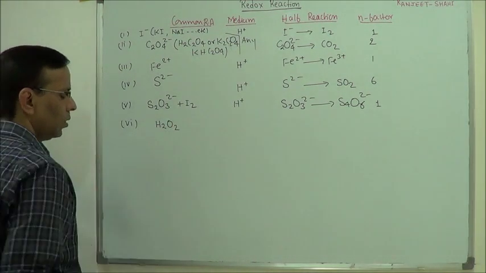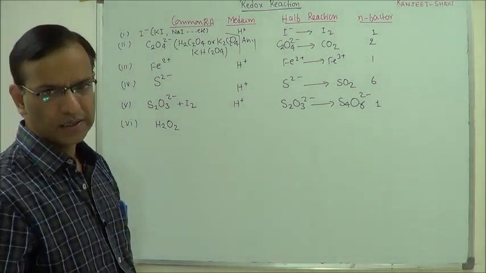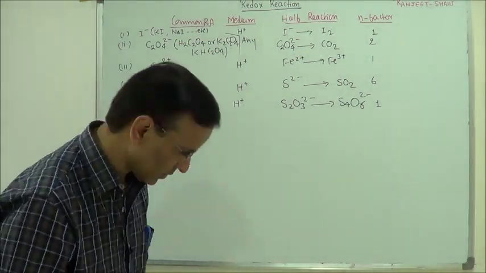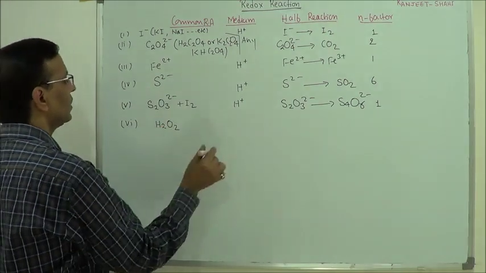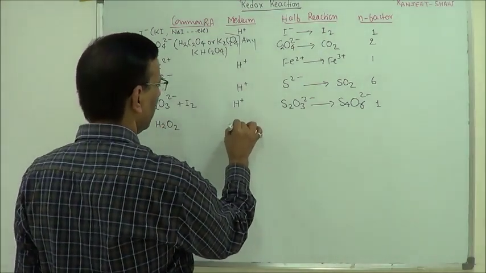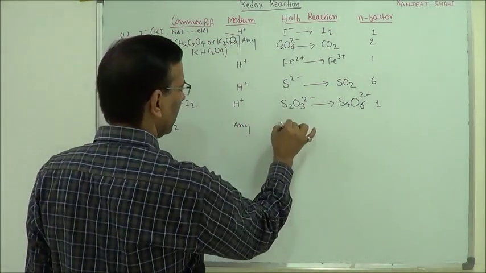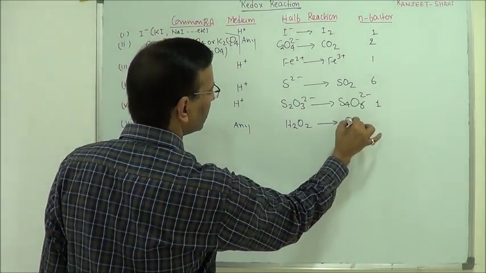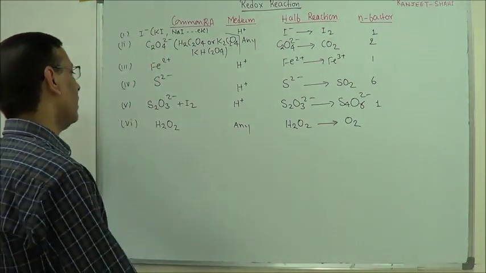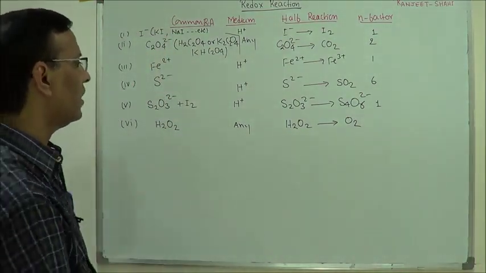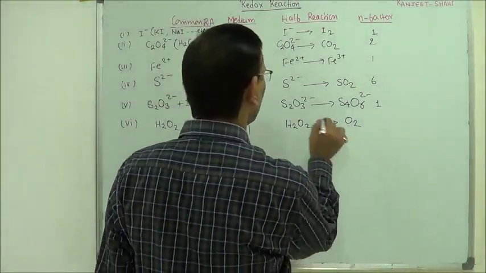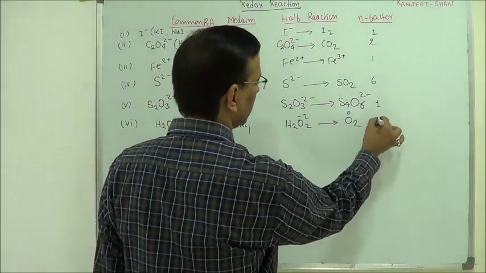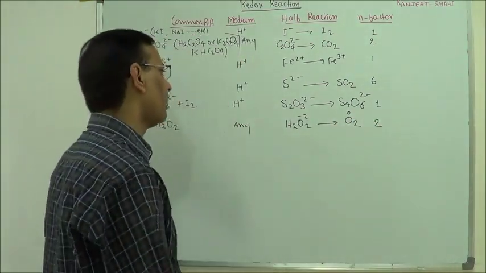H2O2 also acts as an oxidizing agent. If used as an oxidizing agent in any medium, it is reduced. If it is used as a reducing agent, it is oxidized to O2, so -2 to 0, and the N factor is 2.